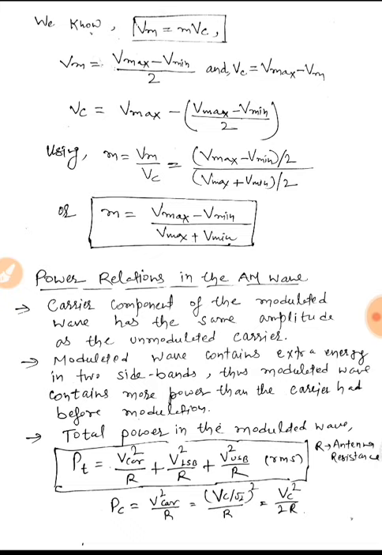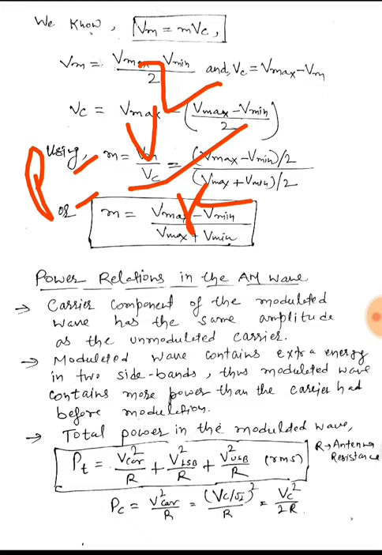So we have already seen there are three components. One is the carrier signal in the amplitude modulated wave, and two are the sidebands. So what would be the power of the modulated wave? If we consider R as the antenna resistance, we can find out, as we know, power is equal to V square by R. So this is the carrier power, that is V carrier square by R. R is the antenna resistance, and this is the power of LSB.